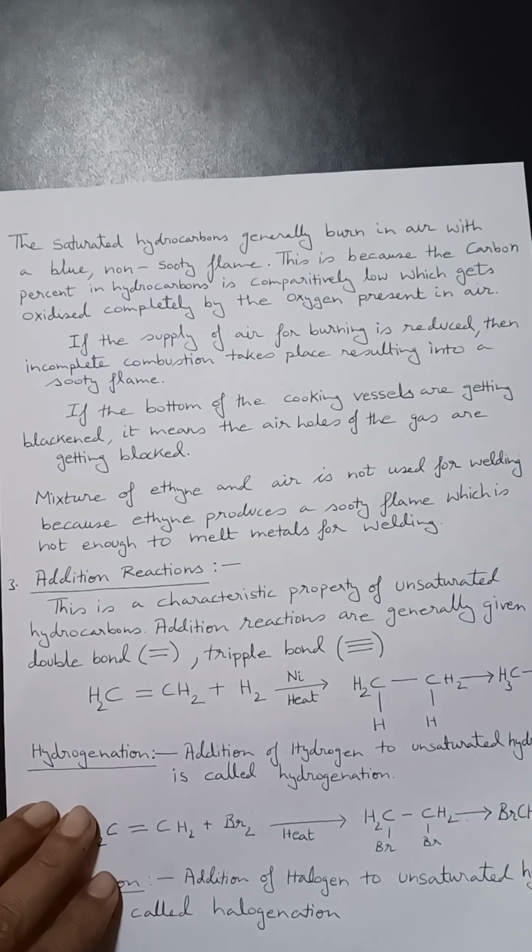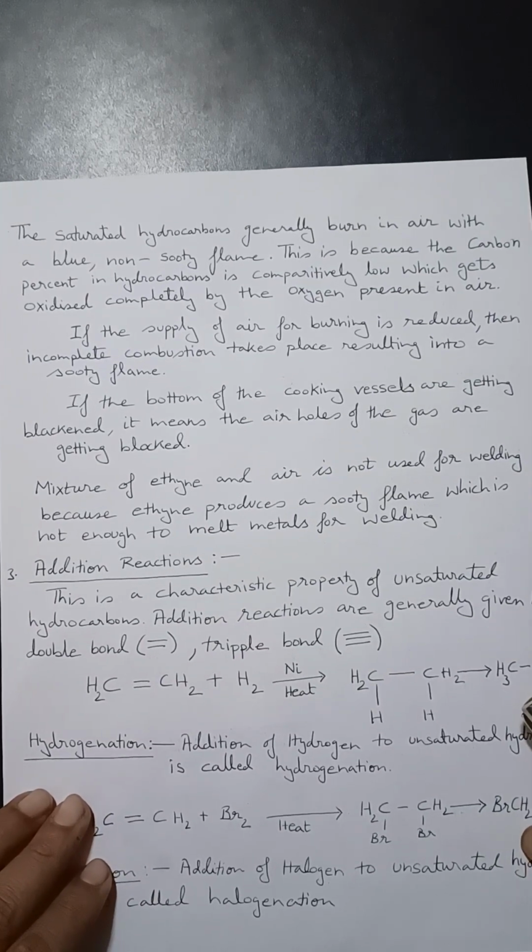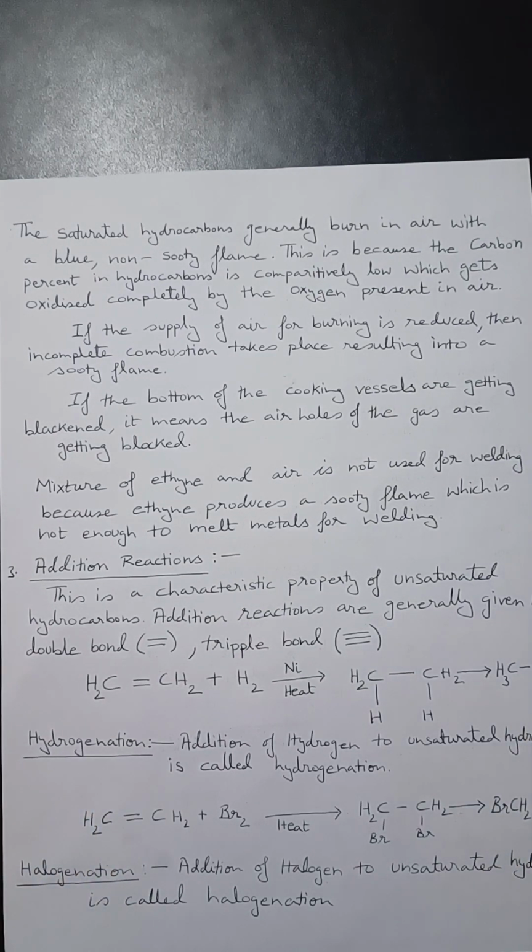Saturated hydrocarbons generally burn in air with a blue non-sooty flame. This is because the carbon content in these hydrocarbons is comparatively low, so it gets oxidized completely by the oxygen present in air. If the supply of air for burning is reduced, then incomplete combustion takes place, resulting in a sooty flame.